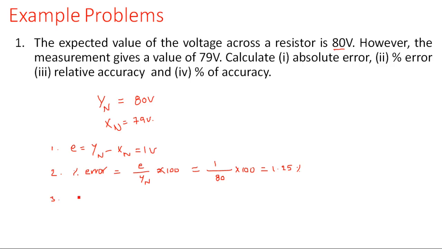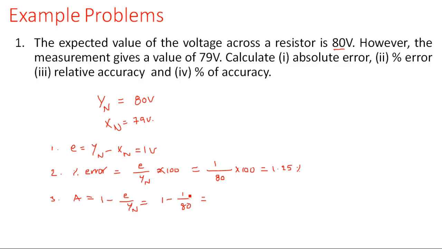And coming to the third one, relative accuracy. Relative accuracy is equal to 1 minus E by Yn, 1 minus 1 by 80.